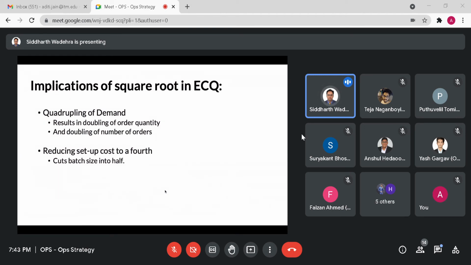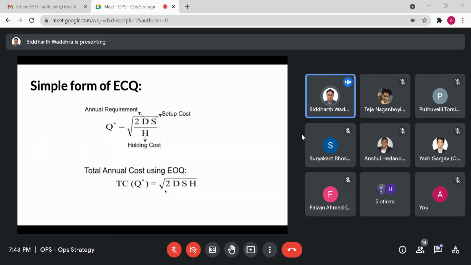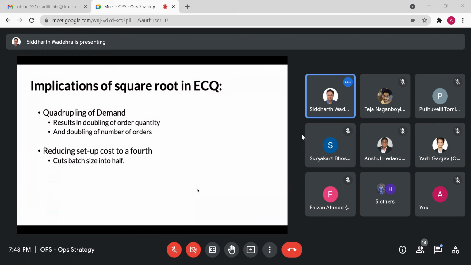You see in the EOQ formula, 2DS divided by H, square root. D is the annual requirement, S is the setup cost, H is the holding cost in this particular case. The formula for optimal order quantity has a square root in it. What are the implications of the square root when demand changes?